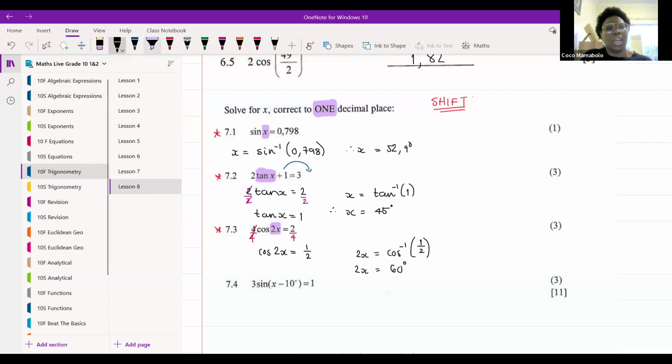It is 60. How? Teacher Coco. Okay, I'm in my own head, guys. I'm sorry. Okay, so if 2x is equal to 60 degrees, then it is 60. Thank you, Michael. Right, then I still have to divide by 2, divide by 2. Therefore, x is equal to 30 degrees.